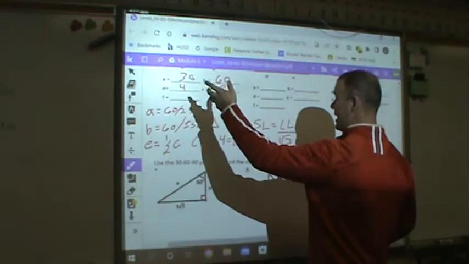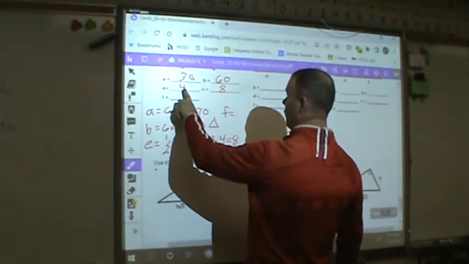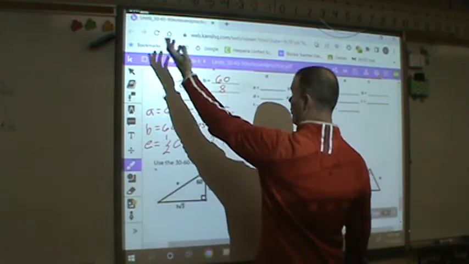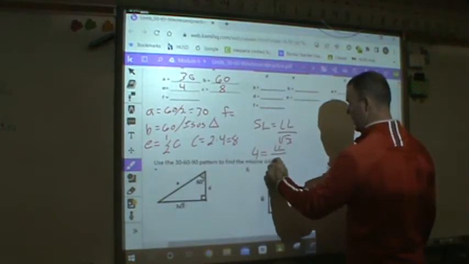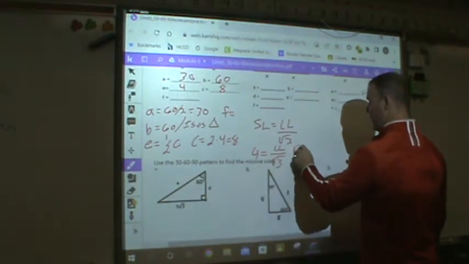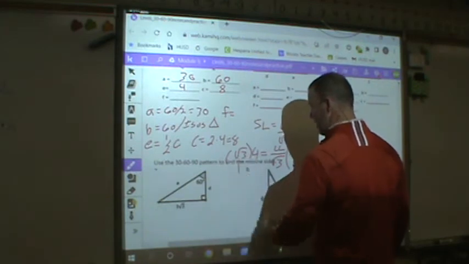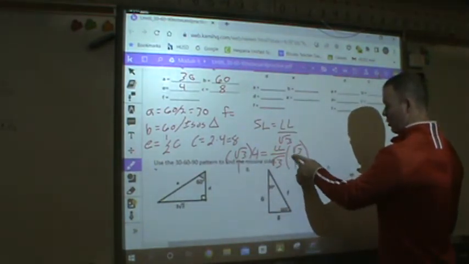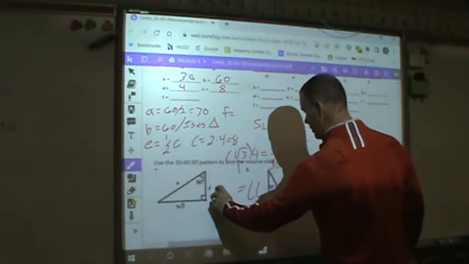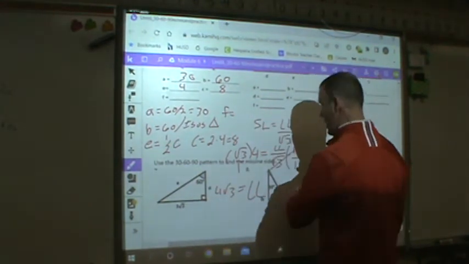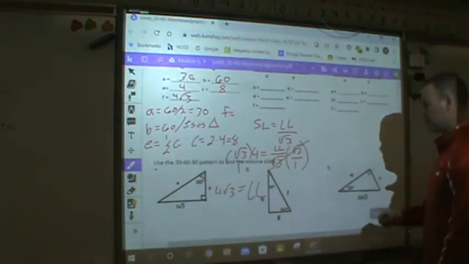I know the short leg is E, or 4, and it's the short leg of both triangles, and they're identical. So 4 is equal to the long leg divided by the square root of 3. From yesterday, we multiply both sides by the square root of 3 over 1. That cancels out, so my long leg is equal to 4 square roots of 3. This is evidence to be able to say 4 square root of 3.